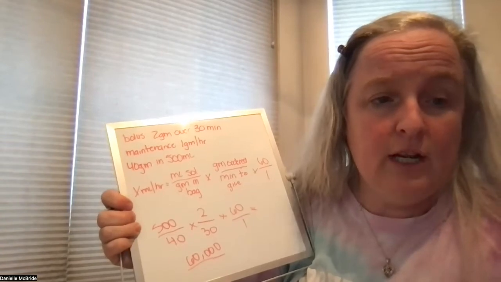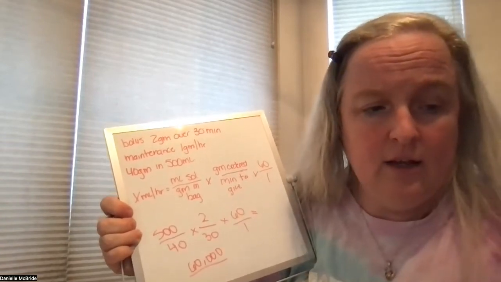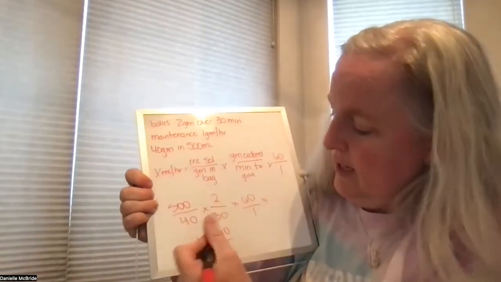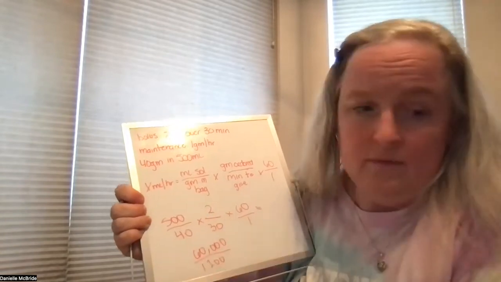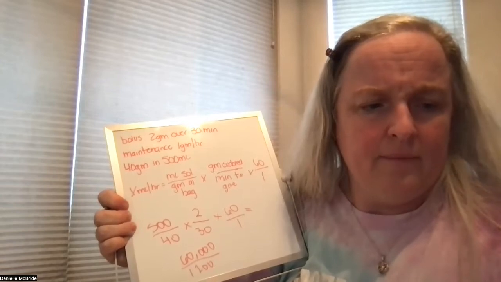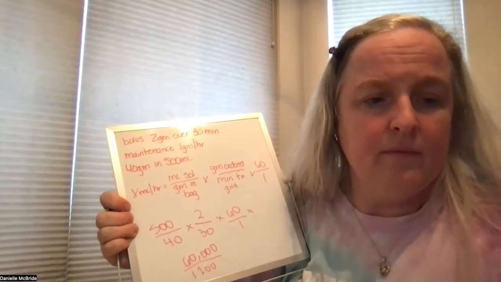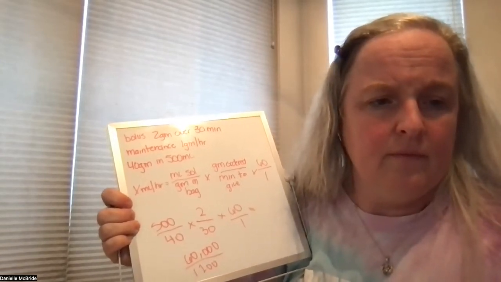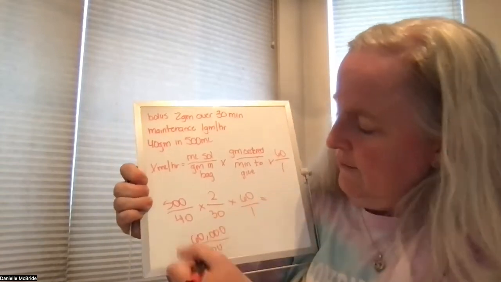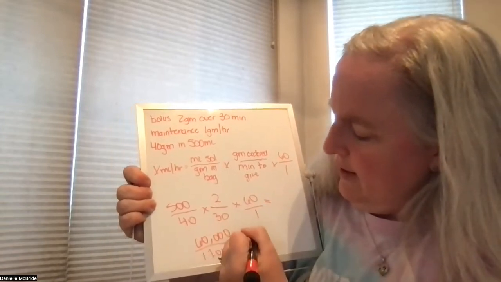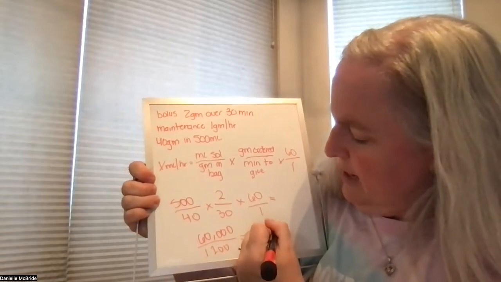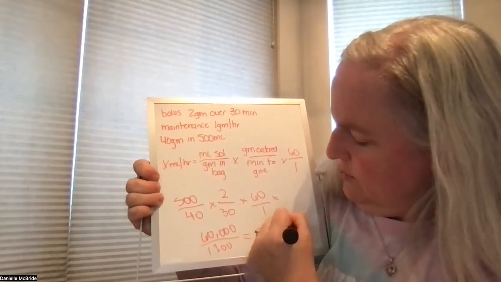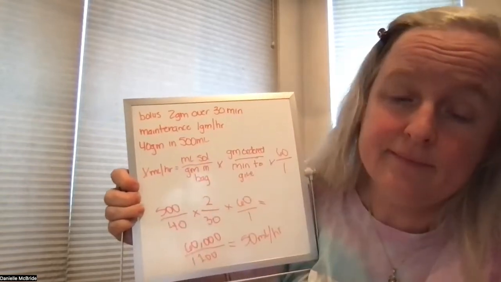On the bottom, 40 times 30 is 1,200. And then if you divide this out, the answer is 50. And this is milliliters per hour to infuse over 30 minutes.